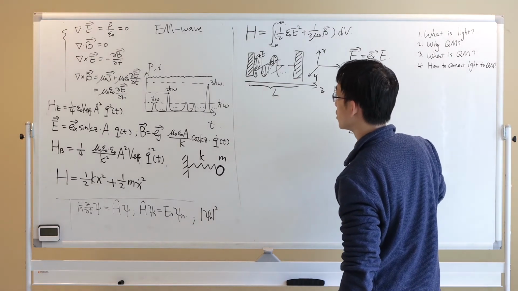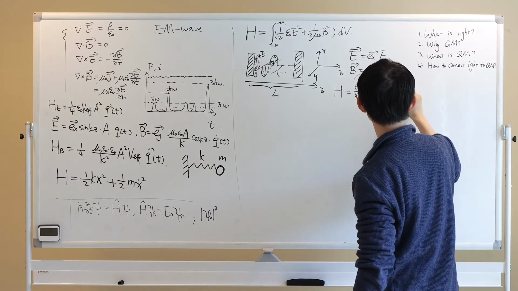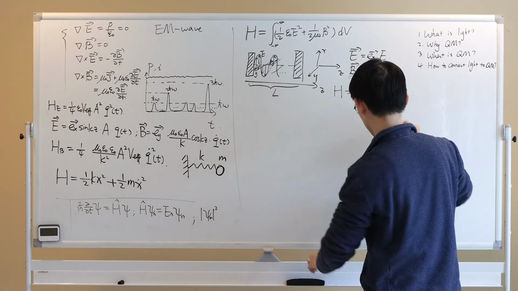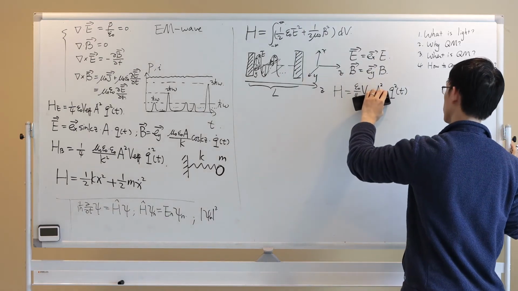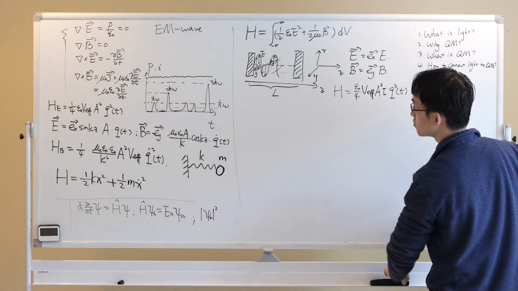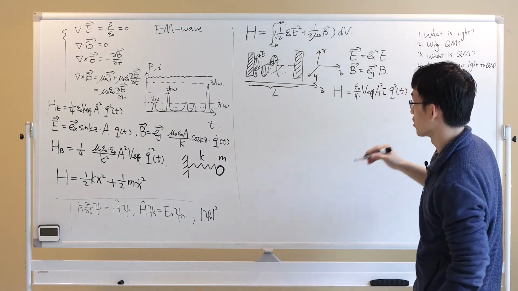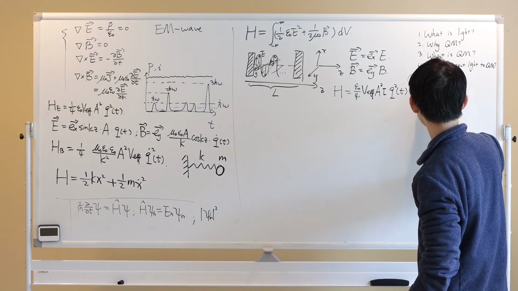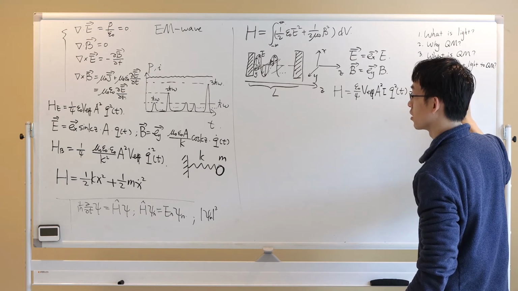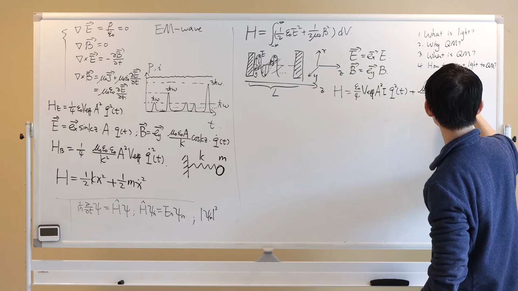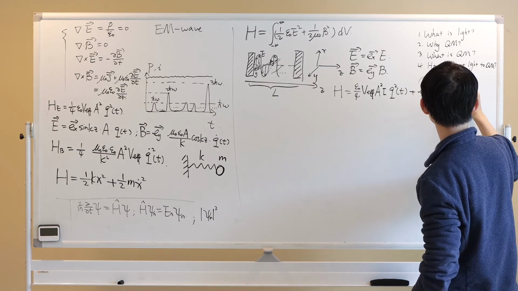Okay, and then you have q square t, and then on the other side it's mu naught epsilon naught k square q dot t.